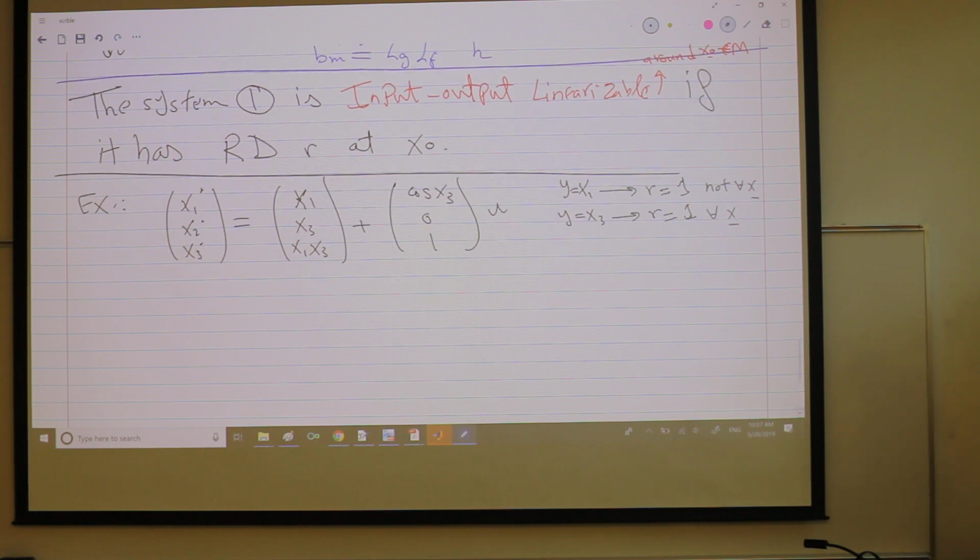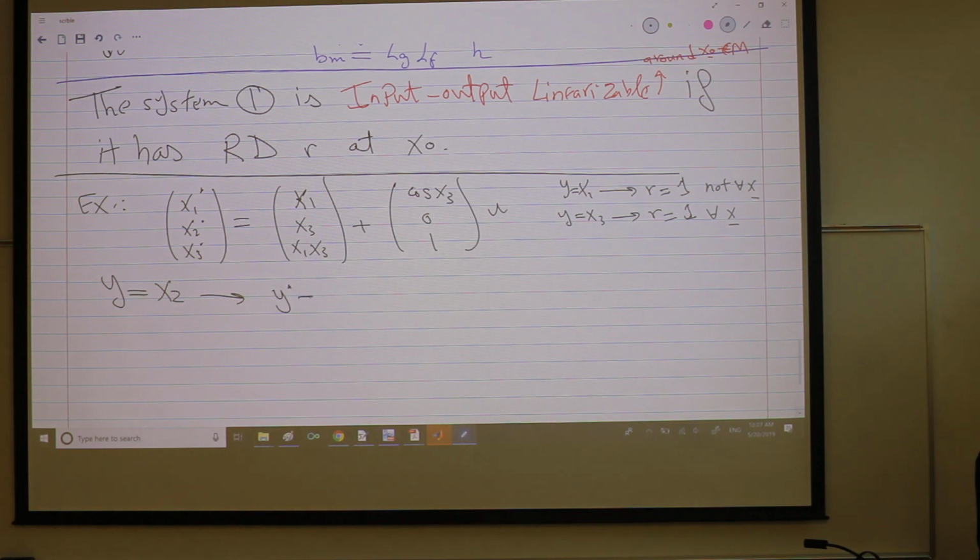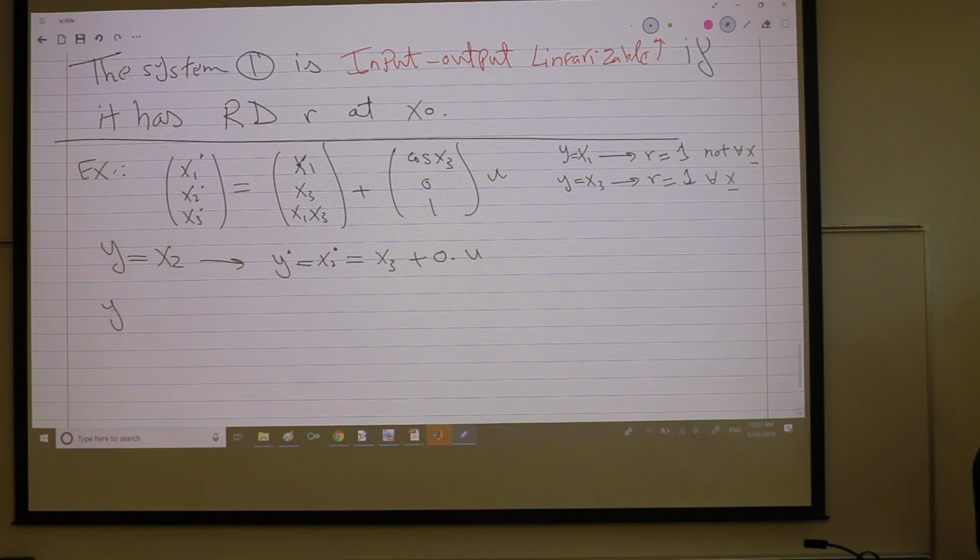So we will choose it to be x2. So y dot is x2 dot, which is x3 plus 0 times u, so there is no u here. Now I'll differentiate again, so this is x3 dot, which is x1 x3 plus 1 times u. That's great, this is not 0 for all x.